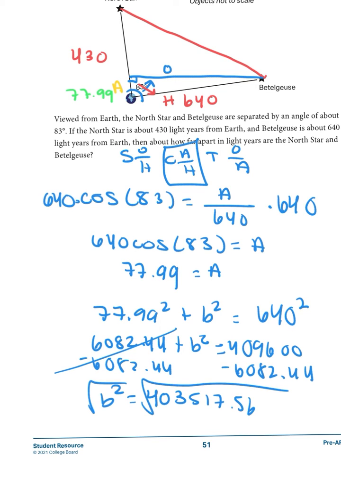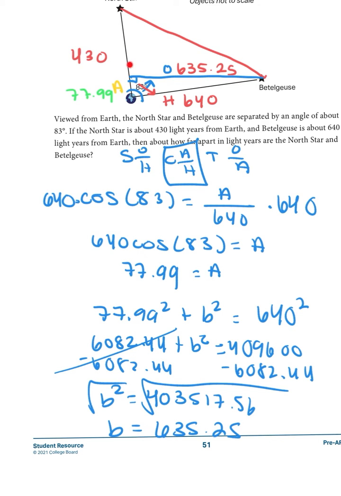Then you take the square root of that, and you should get that b is 635.25. So I know that this right here is 635.25.